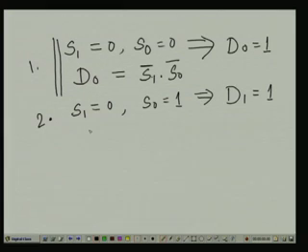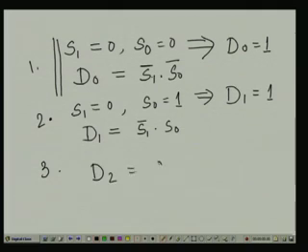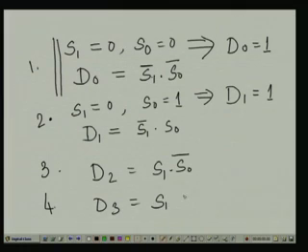That means D1 is S1 bar dot S0, and in a similar way D2 is S1 dot S0 bar and D3 is S1 S0.